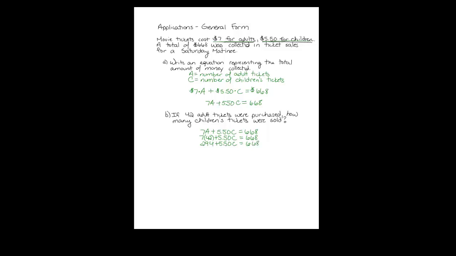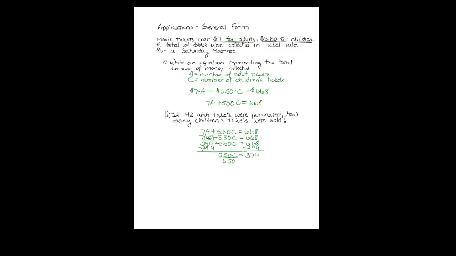And then solve. So we're going to subtract 294 from both sides. On the left, 294 minus 294 equals 0. So we're left with 5.50C equals 668 minus 294 is 374.